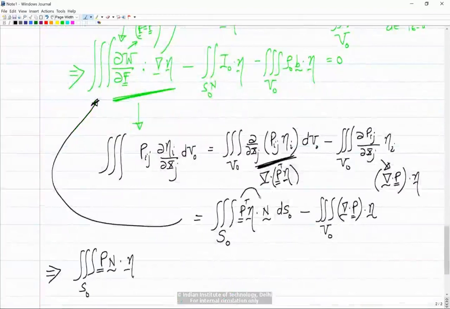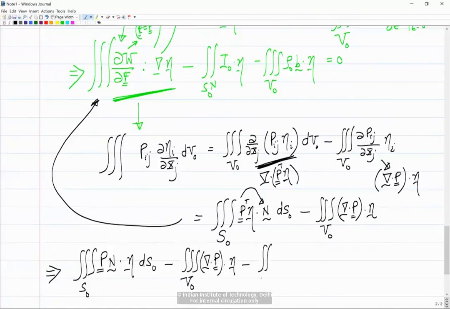You see, I brought this P transpose on the other side. dS naught minus divergence dot P dot with eta minus S naught N of T naught dot with eta dS naught and the last term, and this has to be equal to 0.